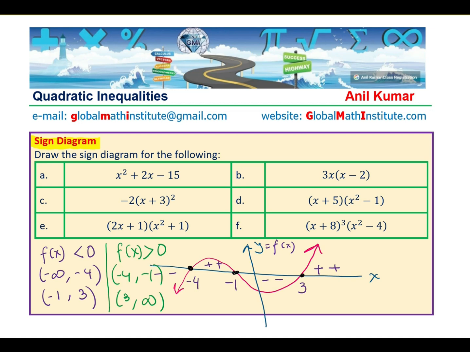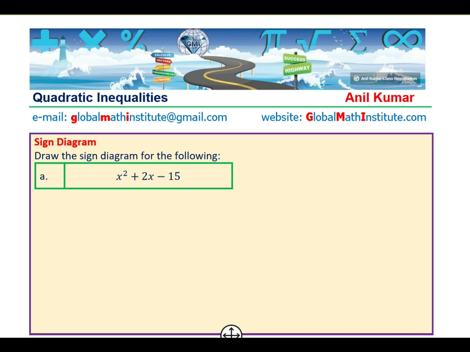So the first step will be to find the x-intercepts and then to test in each interval whether the value is positive or negative. So let's start with solving questions one by one. Here is the first one, which is x squared plus 2x minus 15.